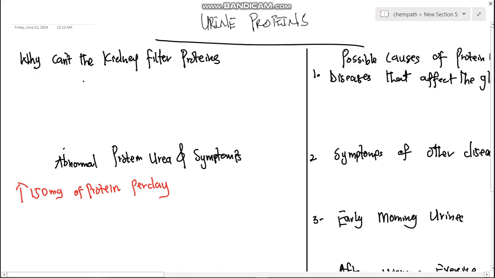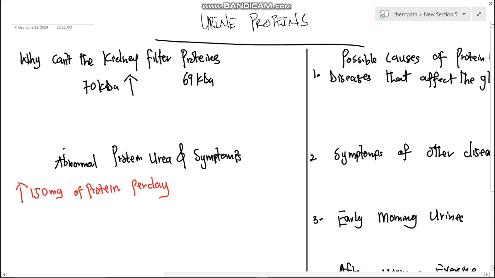Anything greater than 70 kilodalton, the kidney is unable to filter. Now when we look at the plasma proteins, we have albumin. Albumin is approximately 69 kilodalton, which is almost 70 kilodalton.